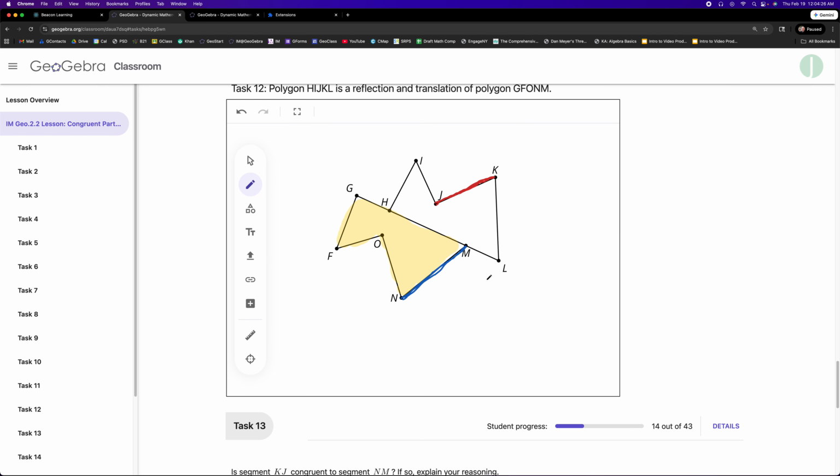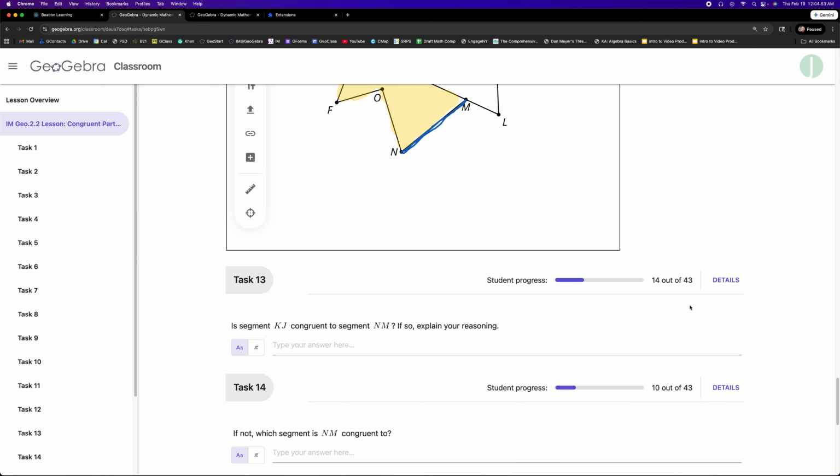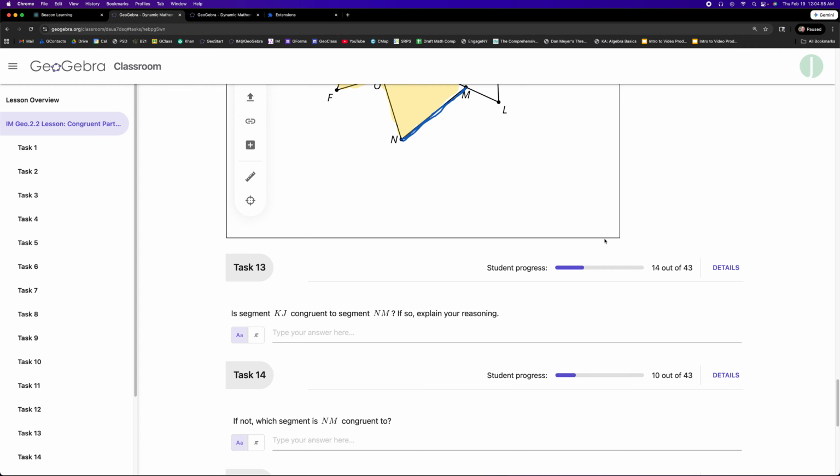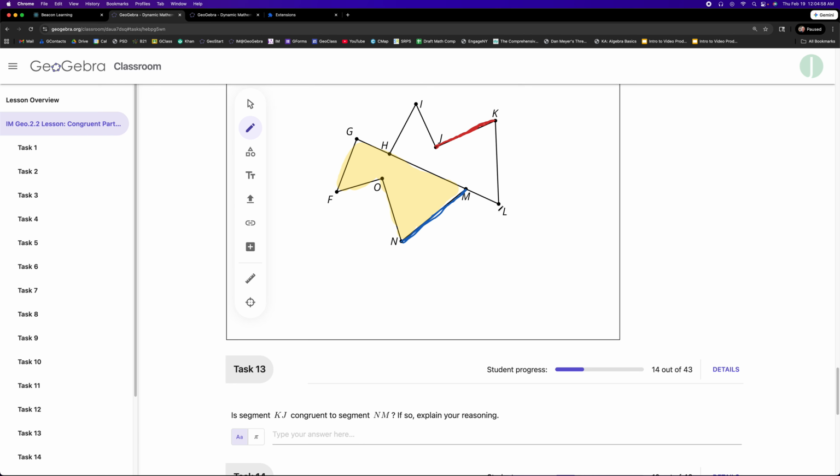Okay, so which one is NM congruent to? Well, if I flip this up and then slide it down, where does NM end up? N is this peak right here. So if I flip it up and then slide it down, N is going to be K, and M is going to be L. So NM is going to be KL.